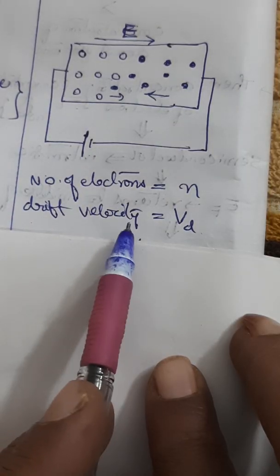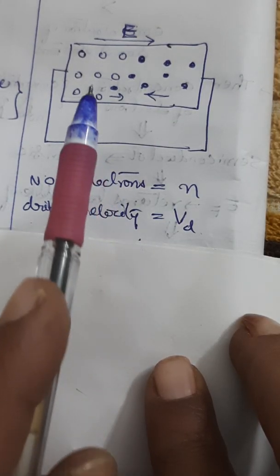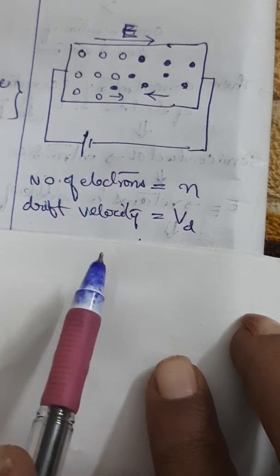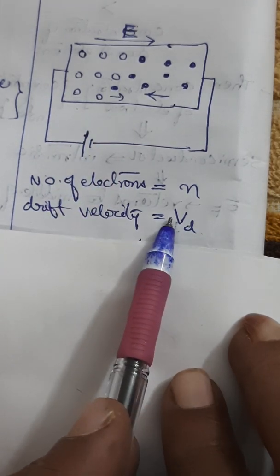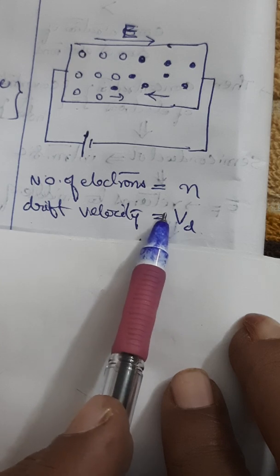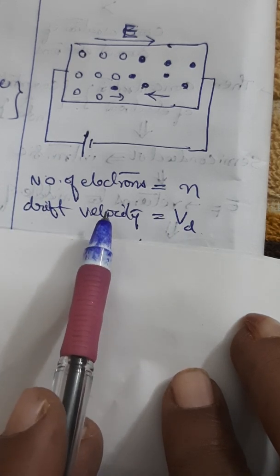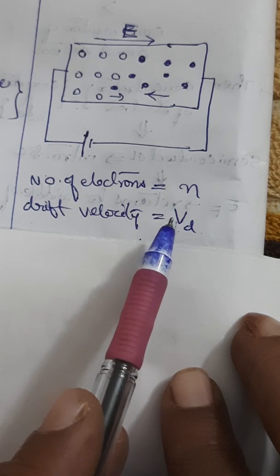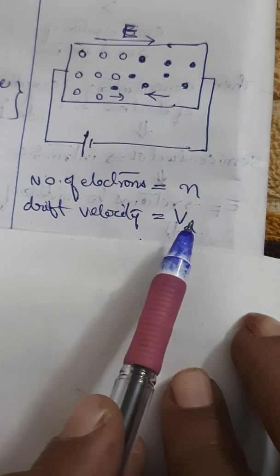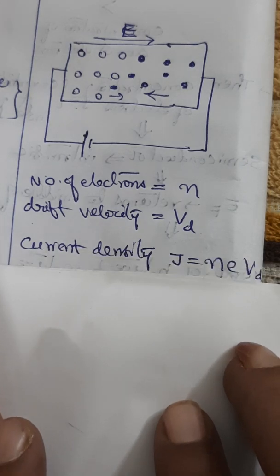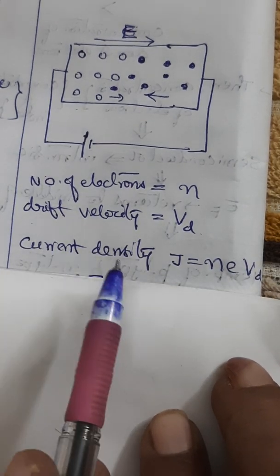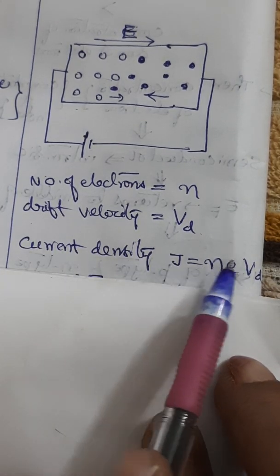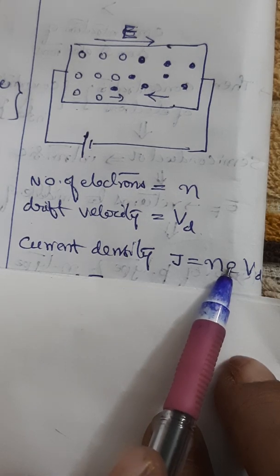Now, with n electrons, each electron carrying a charge e and a drift velocity Vd, we can easily calculate the current density J. J is nothing but the product of the number of electrons, the charge of an electron and the drift velocity. So current density J is equal to n e Vd, right?